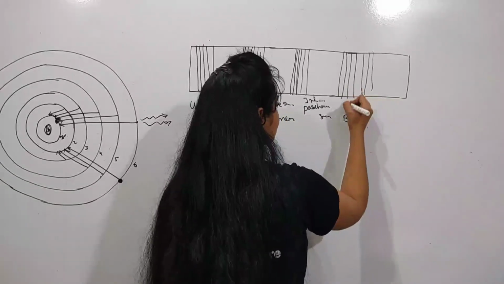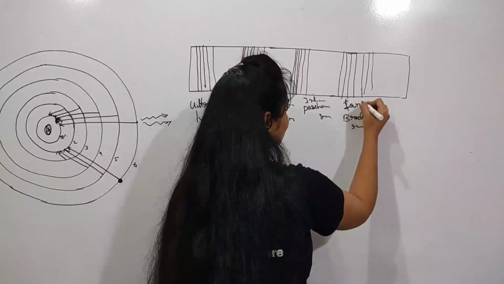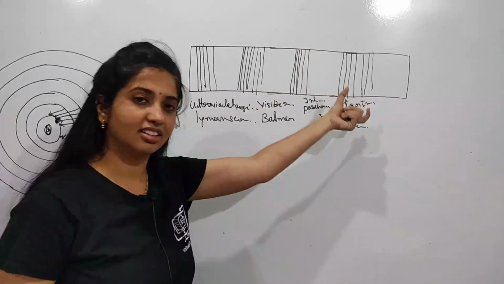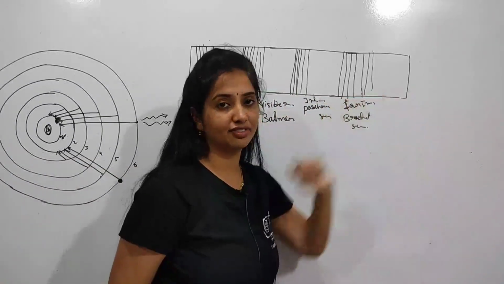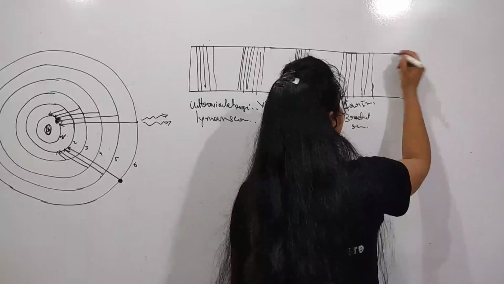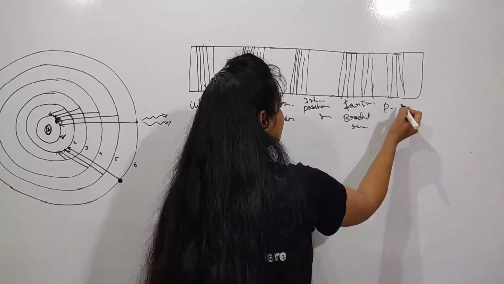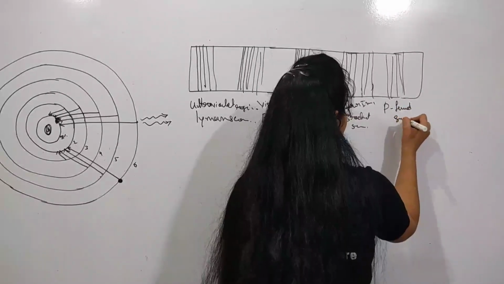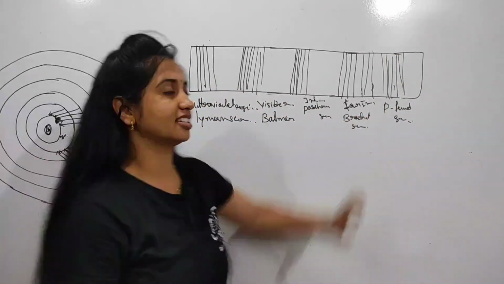These are also found in the infrared, the far infrared region. They are away from the near infrared region but still belong to infrared, so I call it the far infrared region, Brackett series. And the next series are the Pfund series. They also belong to the far infrared region.